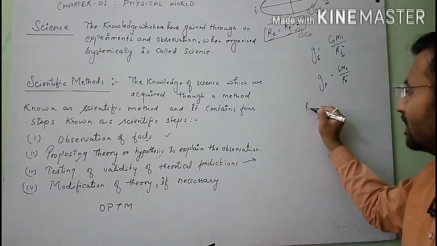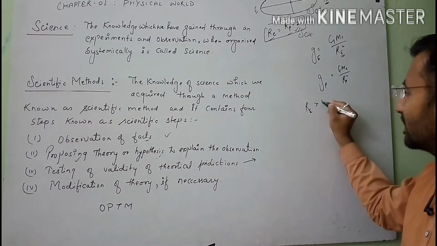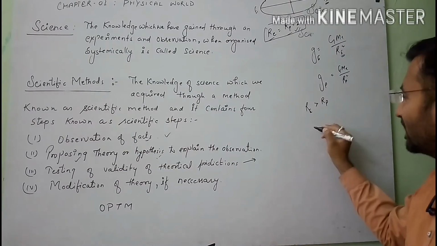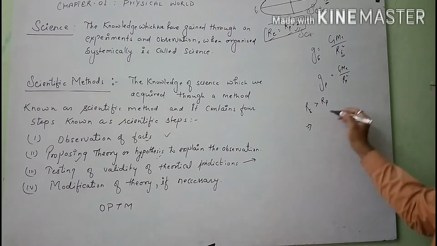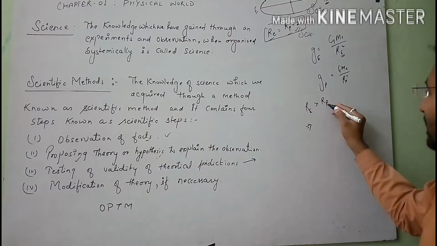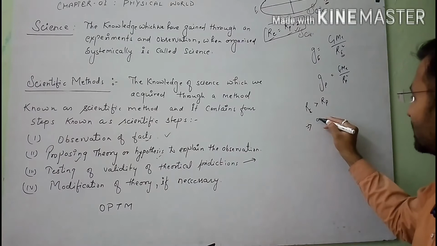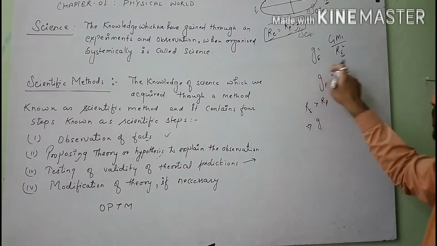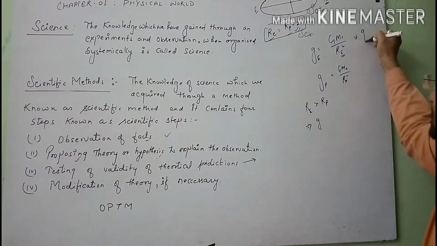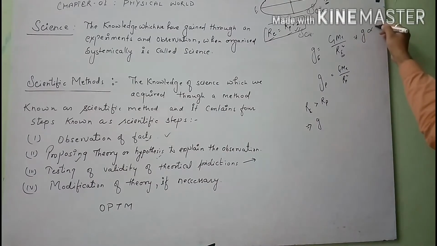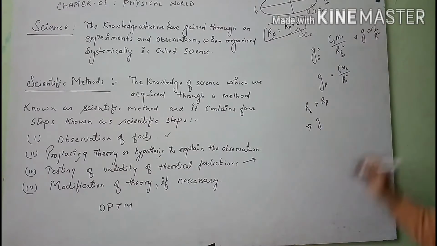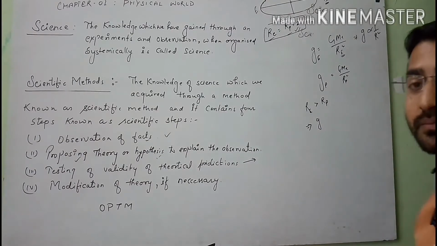And we know that Re, the equatorial radius, is greater than Rp. So we can say that, listen student, gravitation, small g, is inversely proportional to the square of the radius of Earth.